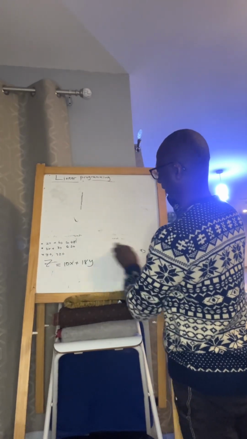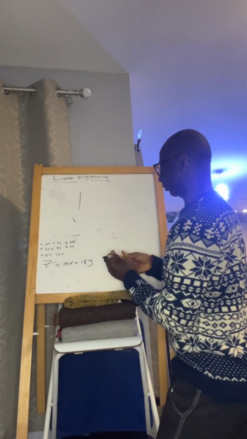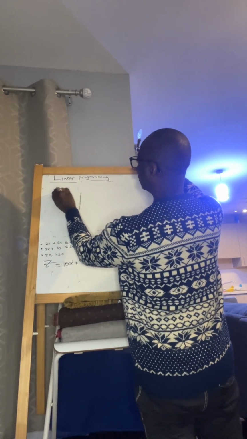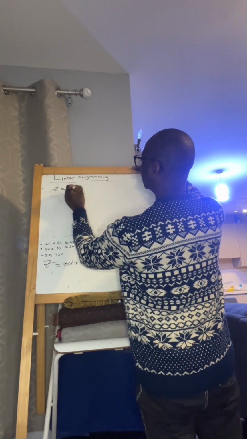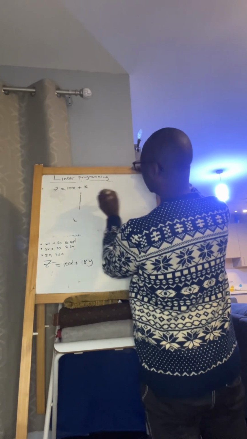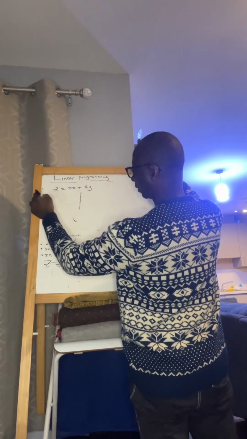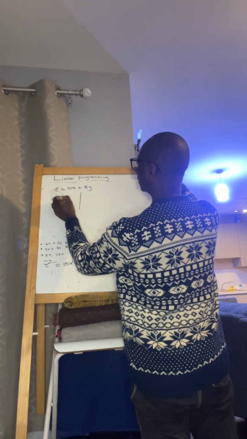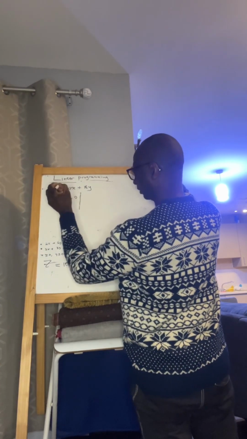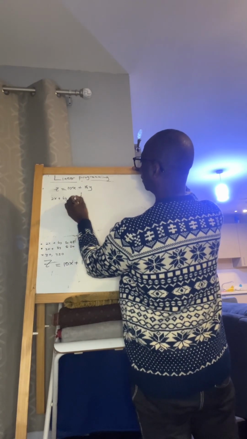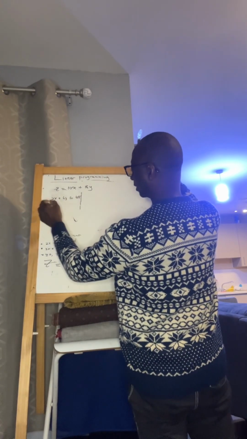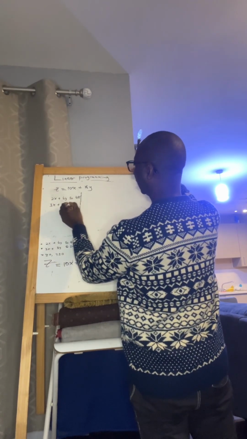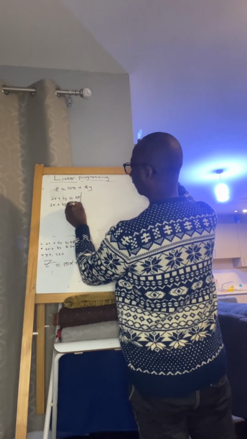What we have now is our objective function, which is z equals 10x plus 18y, and we have our constraints: 2x plus 6y less than or equal to 48, and 3x plus 3y less than or equal to 30.